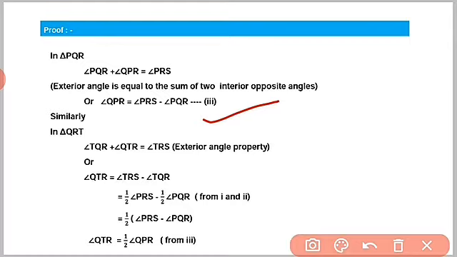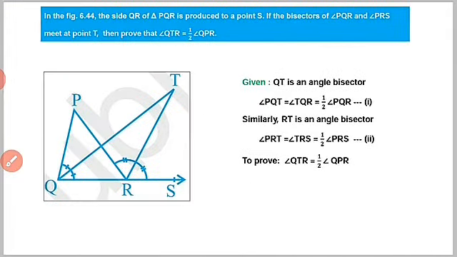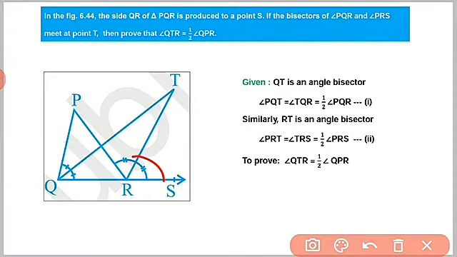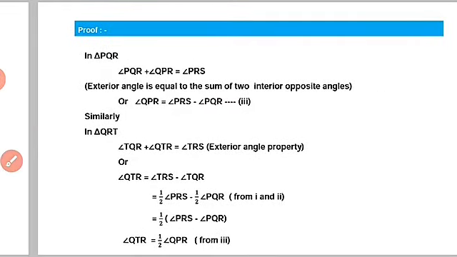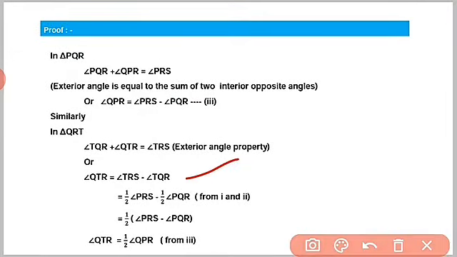See, by applying the exterior angle property in triangle PQR, we got this, and from this we calculated angle QPR. It is equal to PRS minus PQR. Then again we applied the exterior angle property in this triangle, and we came out with this equation, that is angle QTR is equal to angle TRS minus TQR.